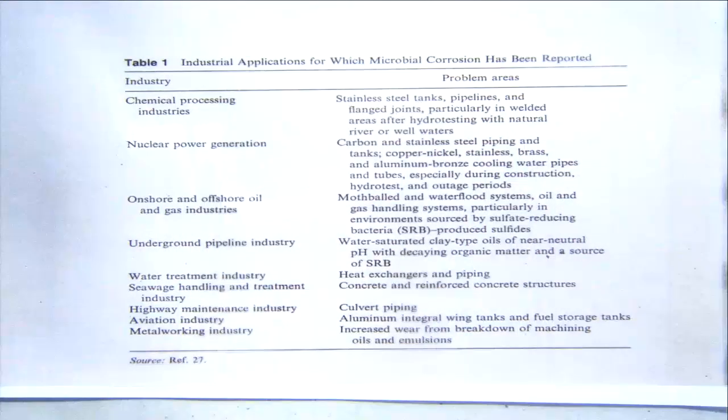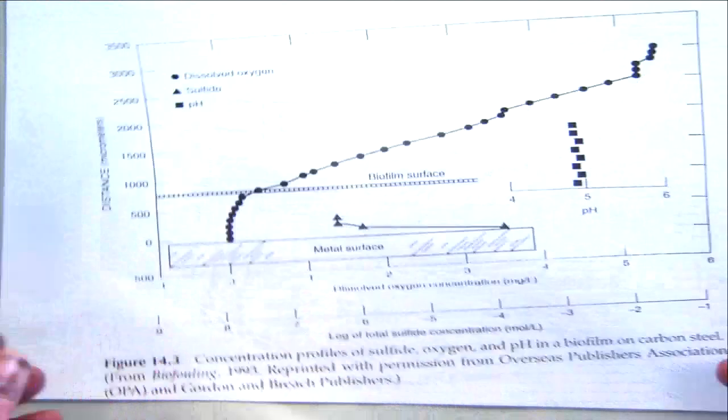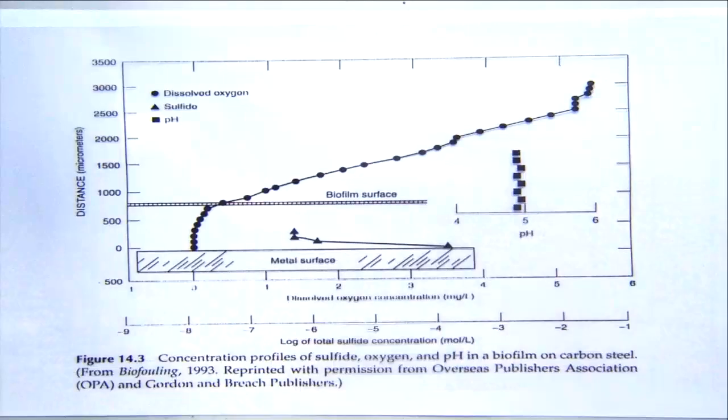So this is distance from the surface of the metal upwards. If we look at pH in this particular biofilm, they found the pH through the biofilm was always about 5. Didn't change very much. If you look at the sulfide concentration, it changes quite significantly as you climb up through the biofilm.